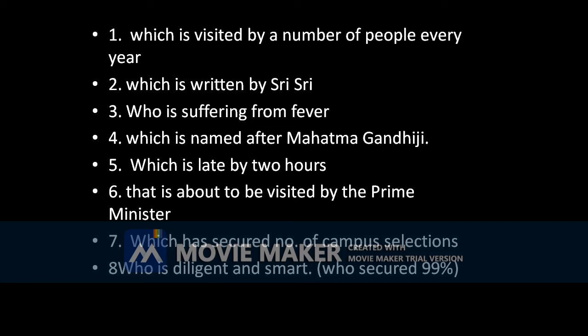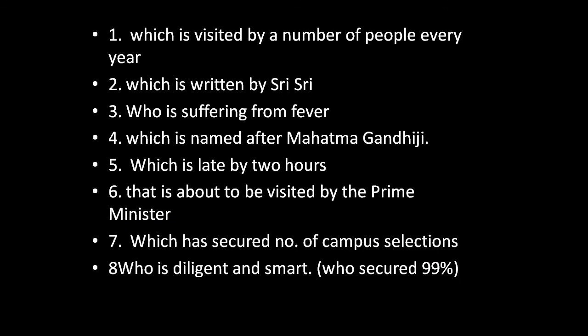My sister who secured 99% has secured a job as an engineer. Or I can also use: My sister who is diligent and smart has secured a job as an engineer in BHEL. Whatever your idea may be, it should suit the sentence, and it should be used with the proper relative clause.